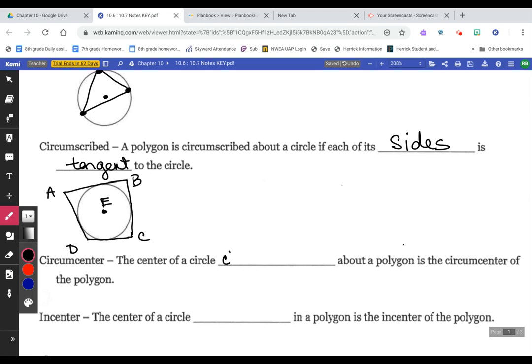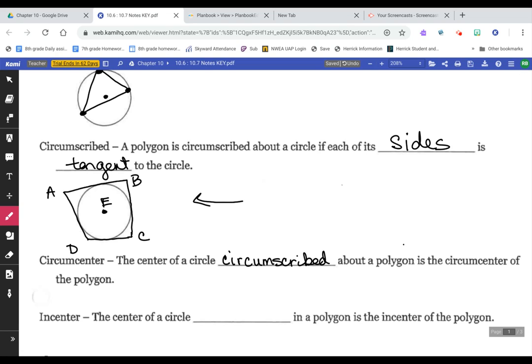So we have circumscribed. For these vocab terms, understand that polygon, or rather quadrilateral, ABCD, is circumscribed about circle E. Or we could say circle E is inscribed in quadrilateral ABCD.